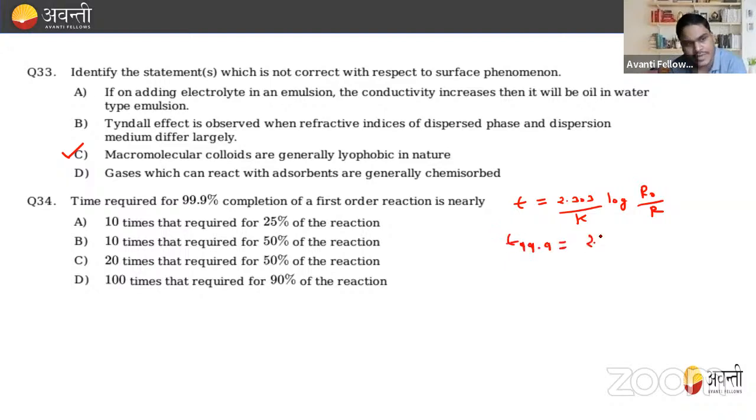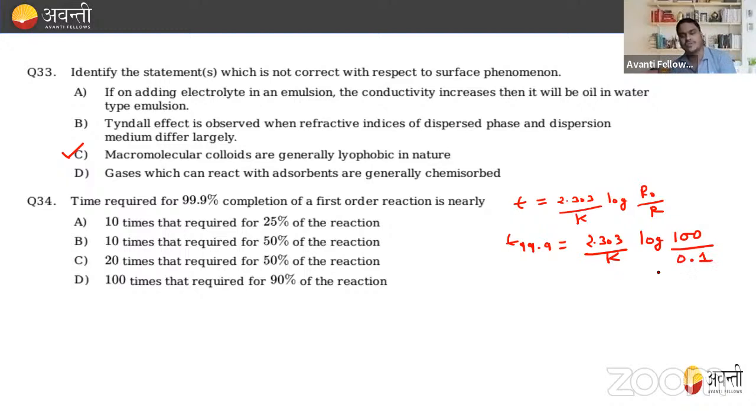So it comes out to be 2.303 divided by k, log R naught by R. Whenever the question is a percentage type question, always assume R naught to be 100. Out of 100, 99.9% of the reaction is already completed, so how much is left? It is 0.1.